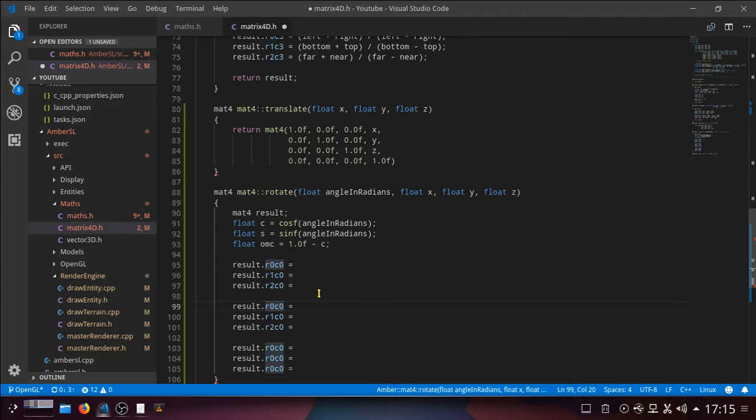That's for column 1. And of course this is column 2. There we go, altered. They're all altered now, so we've got column 0, column 1 and column 2.